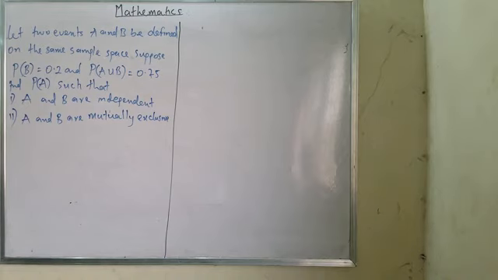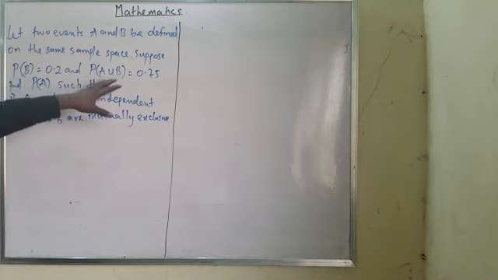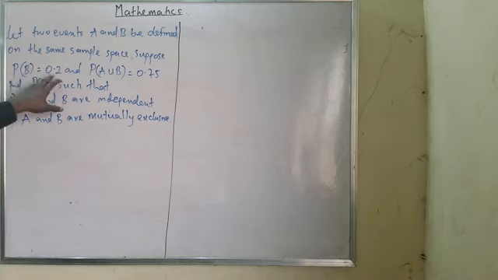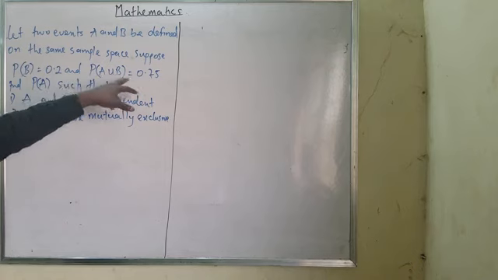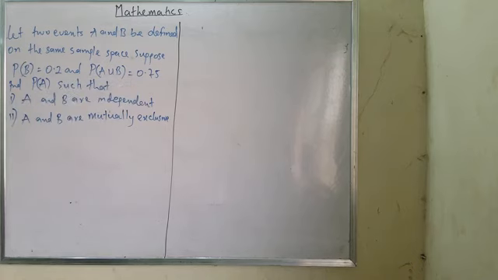Let two events A and B be defined on the same sample space. The probability of B is 0.2 and the probability of A union B is 0.75. Find the probability of A such that, one, A and B are independent, and two, A and B are mutually exclusive. Now, if I have to solve this question, how do you go?